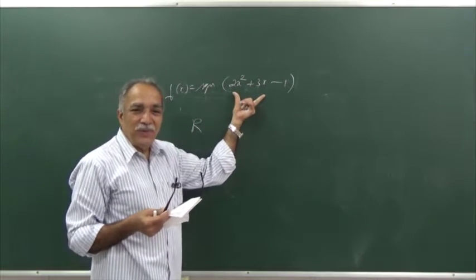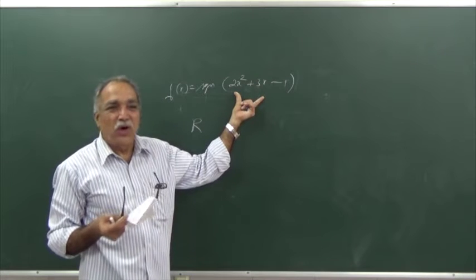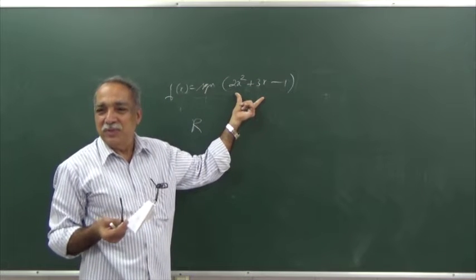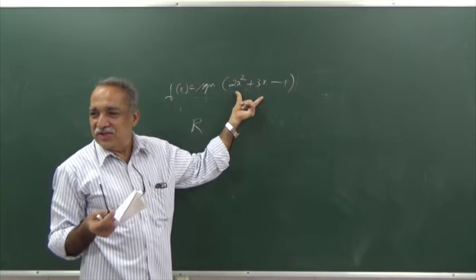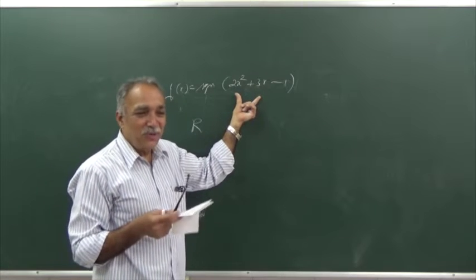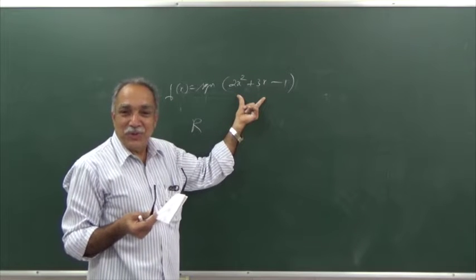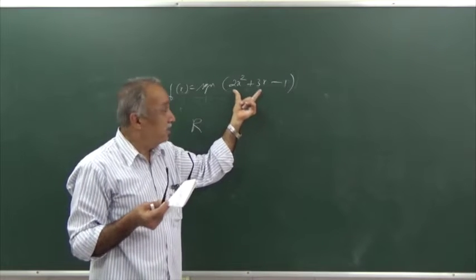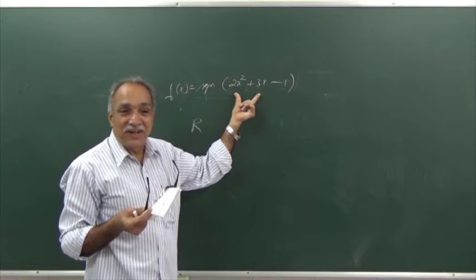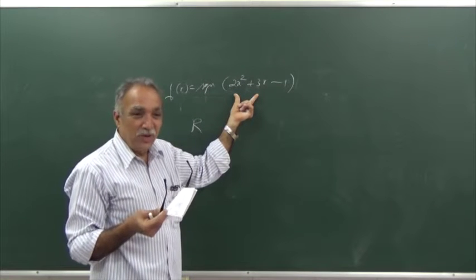Can this be 0? How to check whether a quadratic can be 0 or not? Find the discriminant, b square minus 4ac. What should it be in order that real roots may exist for this quadratic? Discriminant must be greater than or equal to 0.